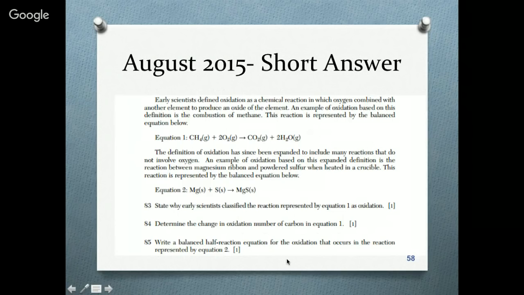All right, 85, write a balanced half reaction for the oxidation that occurs in the reaction represented by equation 2. First you would want to assign your oxidation numbers. On the reactant side, magnesium is going to be 0. Sulfur is going to be 0. They're uncombined elements, so they have an oxidation state of 0. On the product side, magnesium is in group 2, so it's plus 2, and sulfur is minus 2.